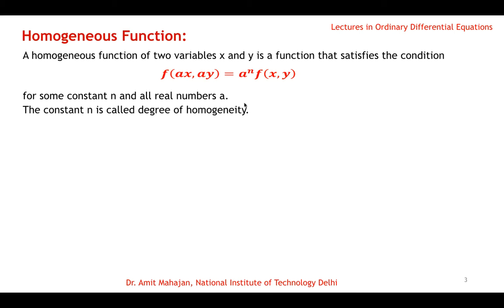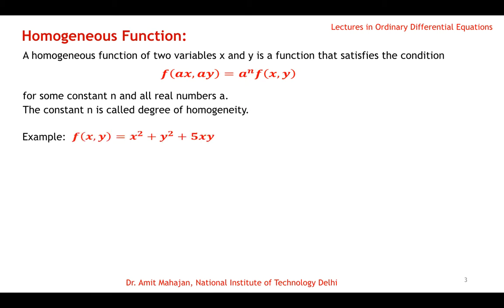So if you are given any function of two variables x and y, that function will be called homogeneous if you replace x by ax and y by ay, and the function f(ax, ay) satisfies that a^n comes outside and f(x, y) remains. If this holds for all a and some constant n, then we say that function is homogeneous and the degree of homogeneity is this n.